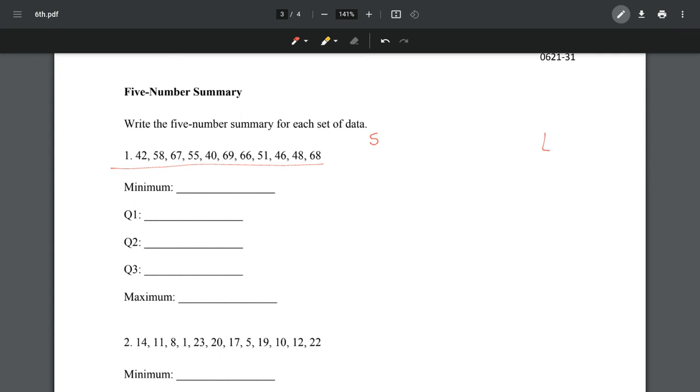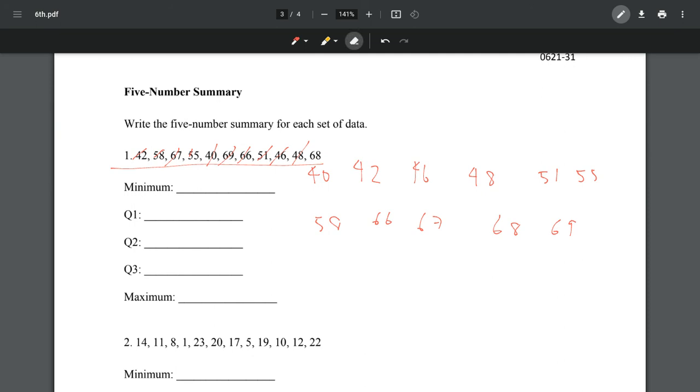Okay, so we have 40, 42, and then 46, and then 48, and then 51, and then 55, and then 58, and then 66, 67, and then 68, and then 69. Okay? So we listed them in order.